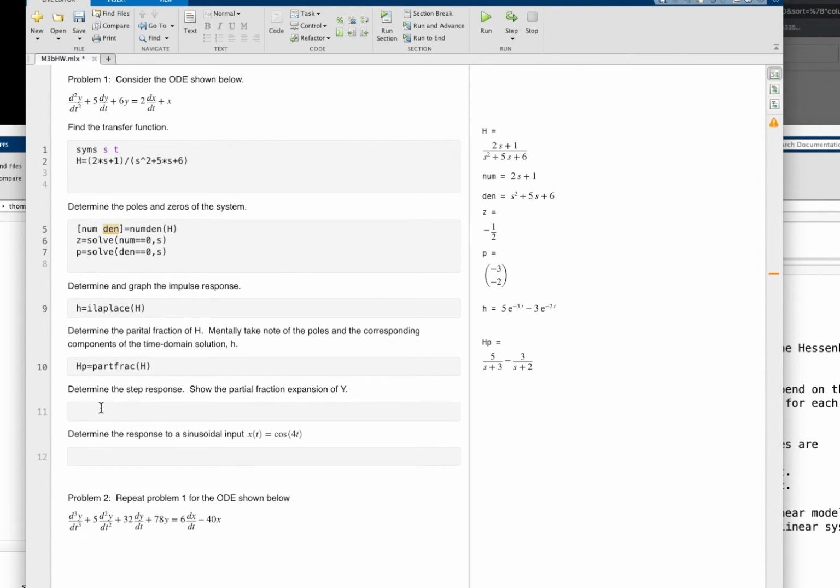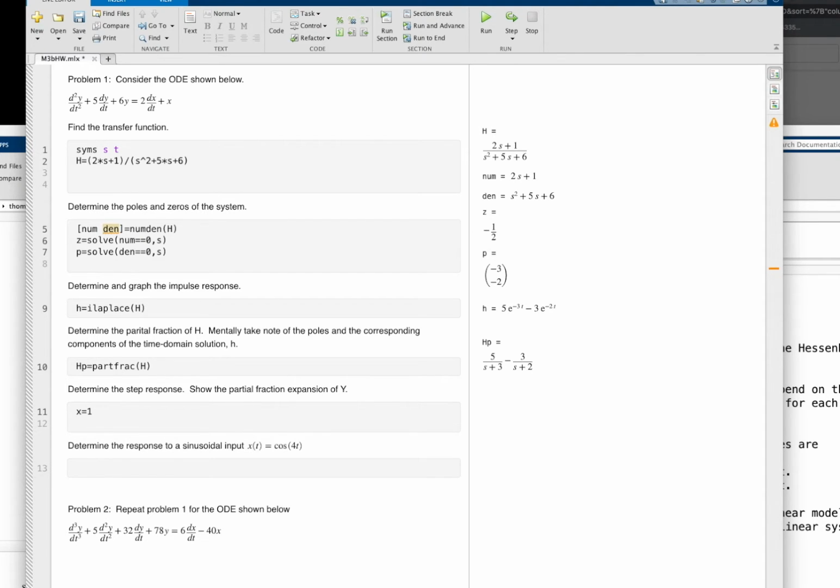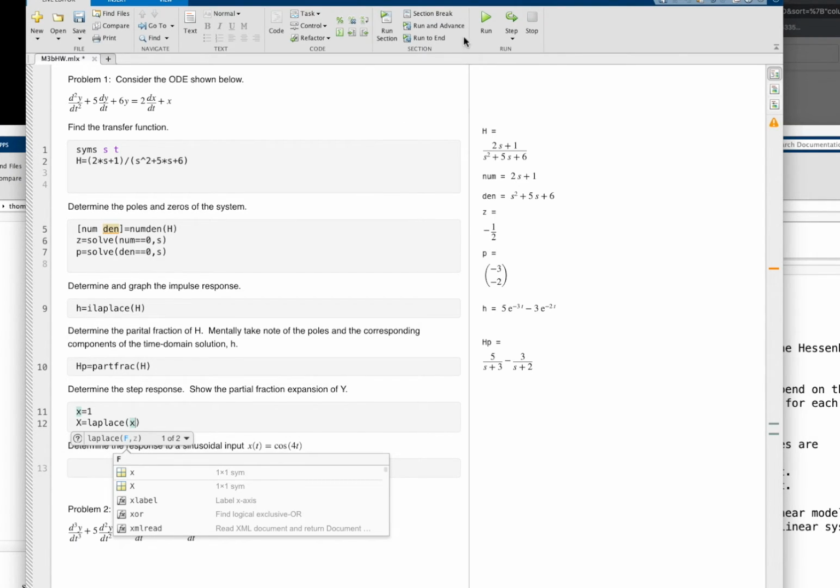Next, we're using the ideas from convolution, system input, system output. We can now look at a unit step, and so I could call that x equal 1. Remember, that's a unit step. And then I wanted to show you, if I do this, I think it's going to throw an error.